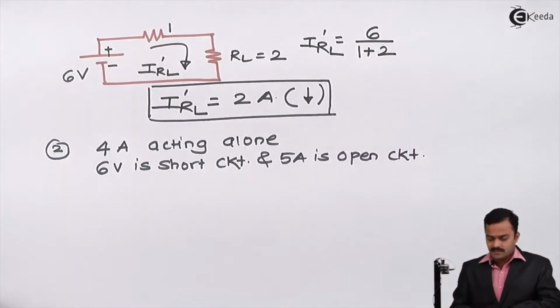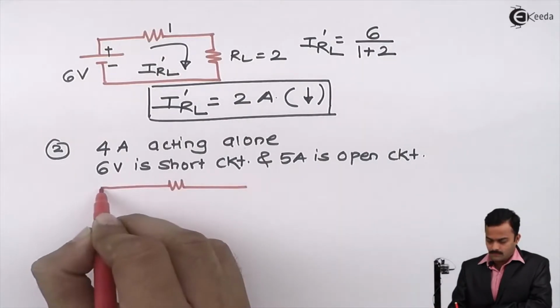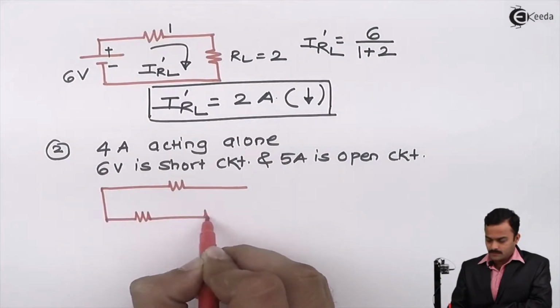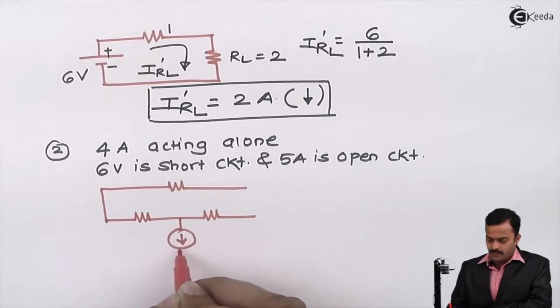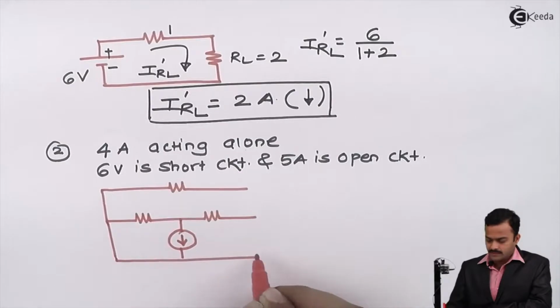So I will get a structure like this. Again the 5 ampere I have considered as open circuited and this 4 ampere is acting alone. 6 volt is short circuited.